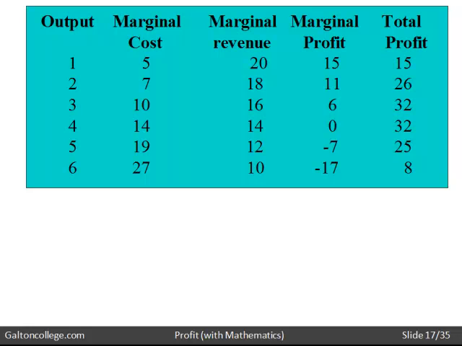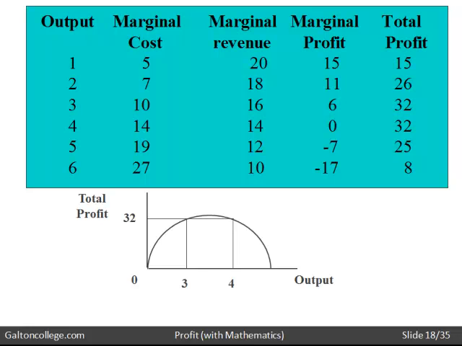Let's look at this table. This is the one we've just had. Now, if we look at the profit function here, look at how profits operate. Profits rise from 15 to 26 to 32, 32, 25 to 8. And we have 3 to 4, which is at 32. So if the profit maximizing level was in between, then the diagram below would show it to be somewhere in here.